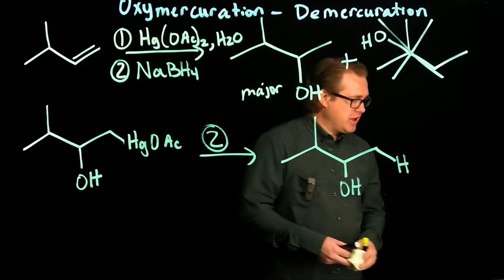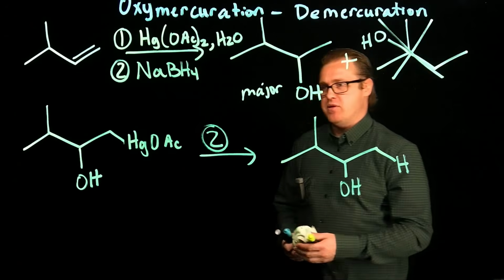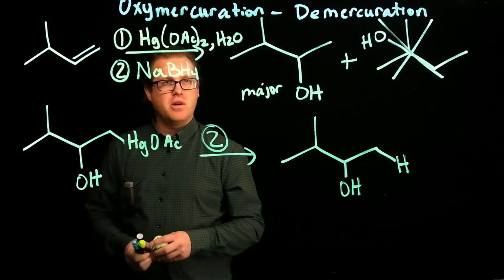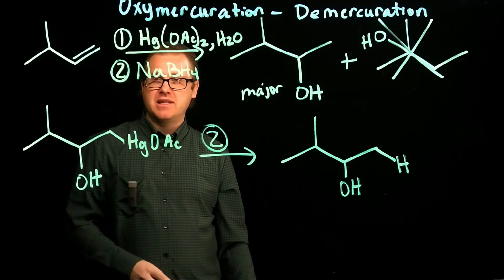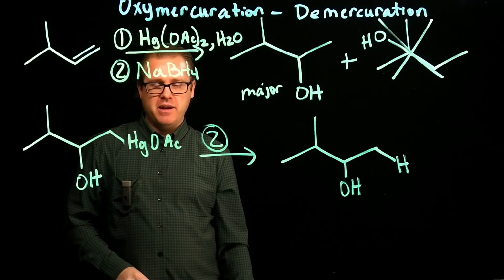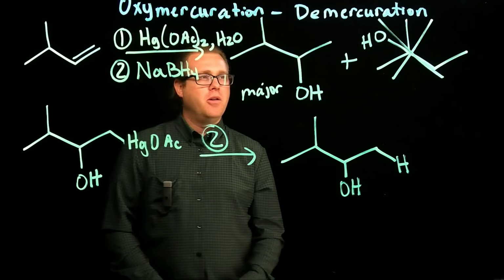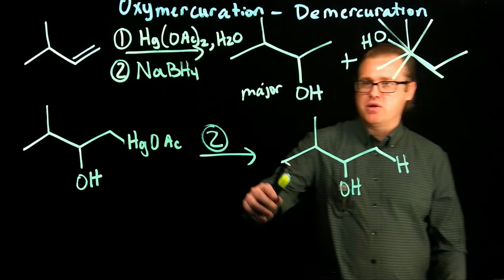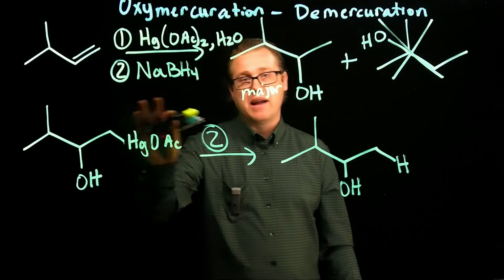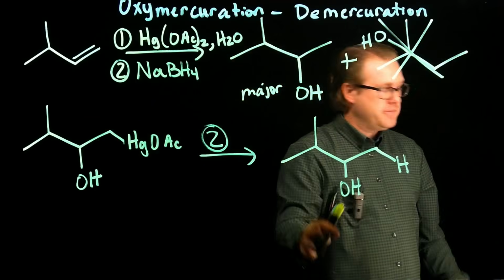Now, how does it go about doing that? Well, the mechanism is going to show us how that occurs. So I just want to give you the pieces first of how it's going to proceed without showing you the mechanism arrows. And now we will go to the mechanism. And the mechanism is going to show us why there's no carbocation rearrangement and why that's so important.